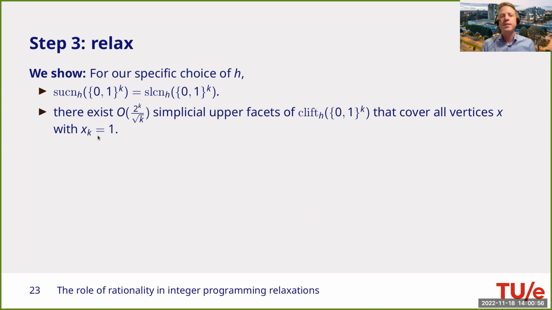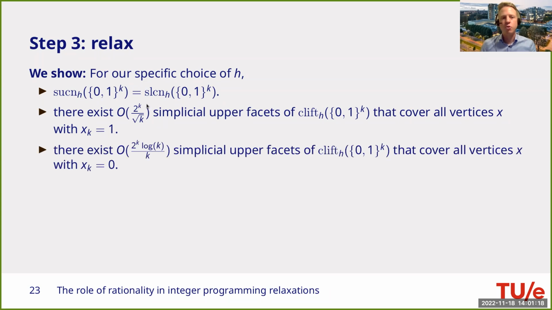And by associating the simplicial facets with certain objects in the Hasse diagram of a suitable poset, we can show that we can cover all the lifted points with the last coordinate having value 1 by at most 2 to the k divided by square root of k many simplicial upper facets.